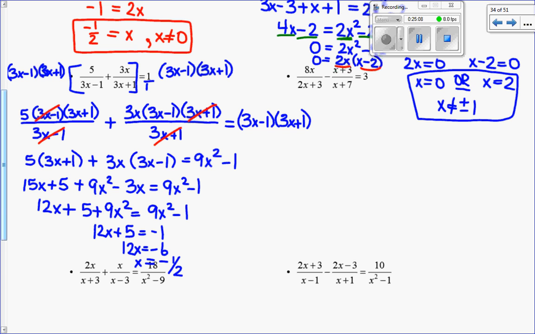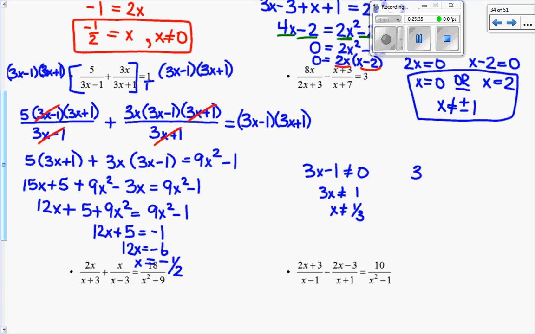Okay, and if I go back to my original equation to see what my non-permissible values of x are, and I set them equal to 0, I've got 3x minus 1 cannot be equal to 0, so 3x cannot be equal to 1, and so divide by 3, x can't be 1/3.